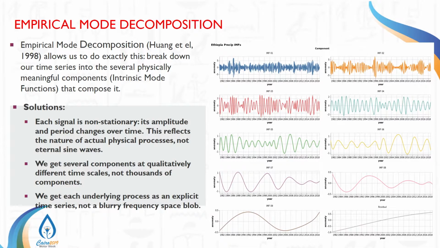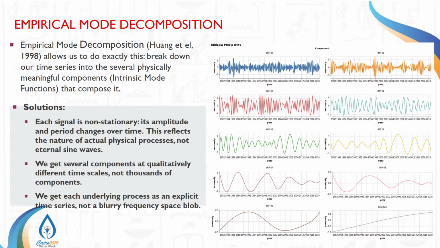So it might be SST, as Tom was talking about, or NAO, PDO, SOI, and so on and so forth. Each signal is not stationary, its amplitude and period change over time. So you can see in each of these signals the amplitude is changing over time, so it's varying. And it can be really a representation of the nature of the physical process, not just a regular sine wave, which is just a perfect oscillation, which never happens.